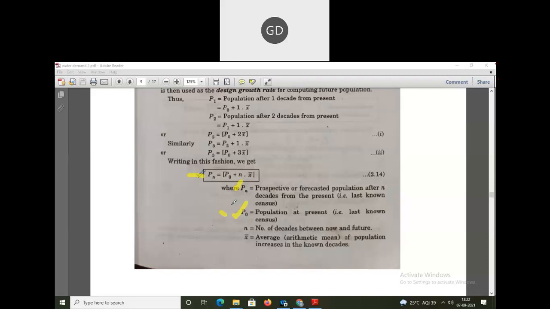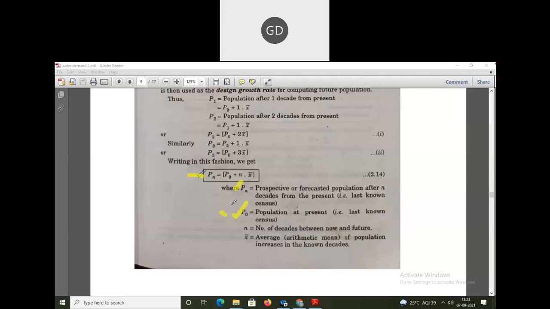Suppose the population for the year 2000, 2001, and 2002 is given to you. Then 2002 will be the last population that you know, and that is your P naught. It will be clear when we solve one numerical related to this method.